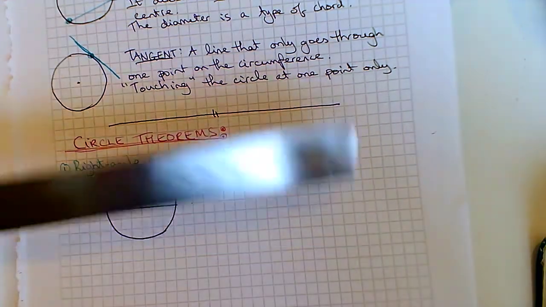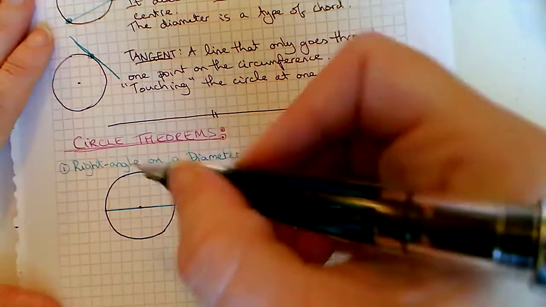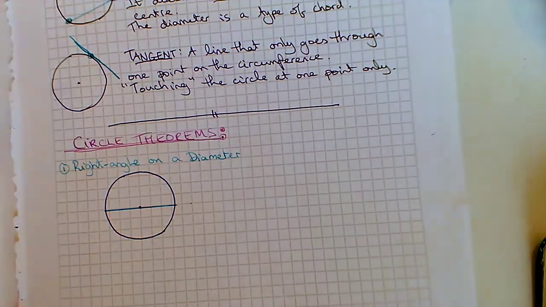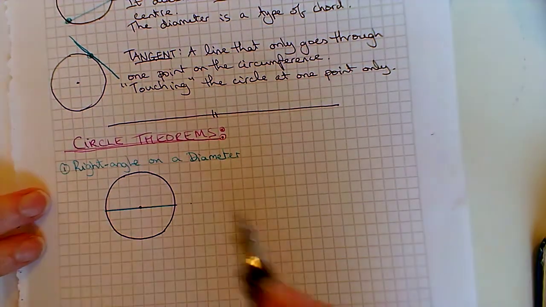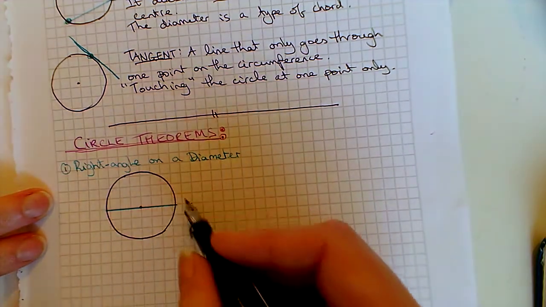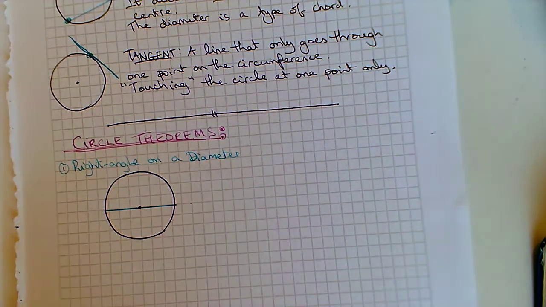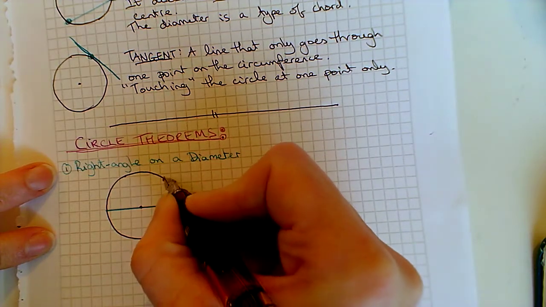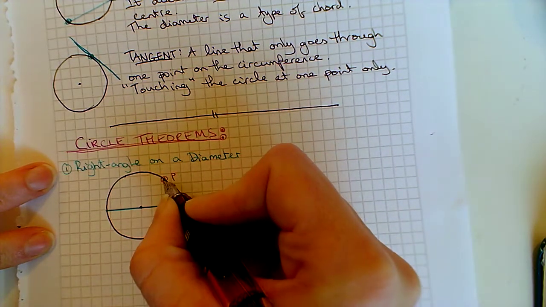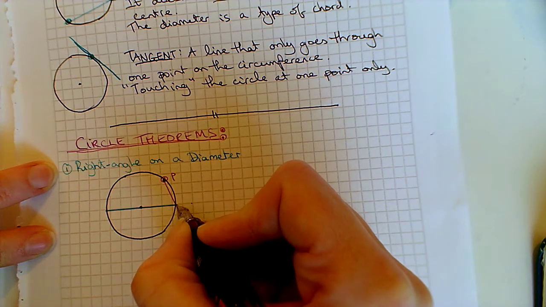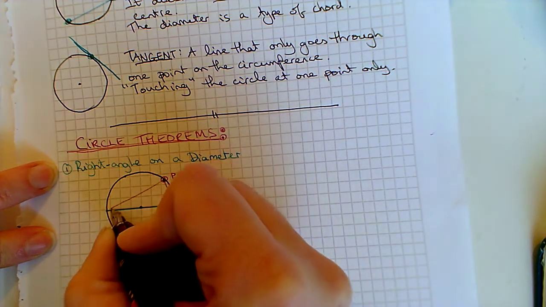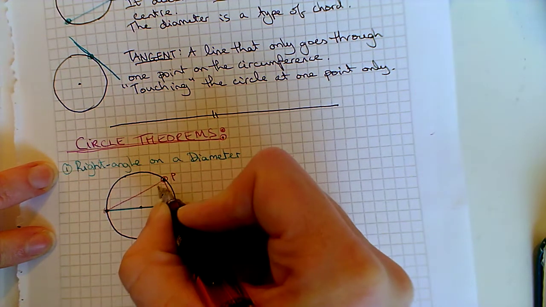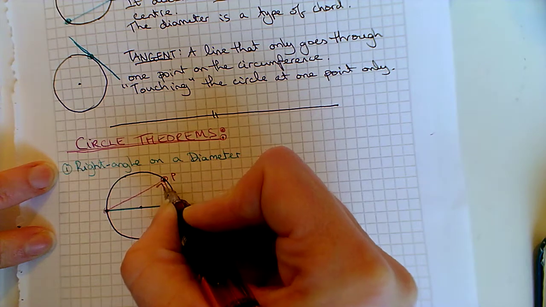You can just do it quickly. What this theorem says is that if I have the diameter of a circle and I pick any point on the circumference of the circle, any point at all, and I join that point to the end points of my diameter, like this, it will always make a right-angled triangle.